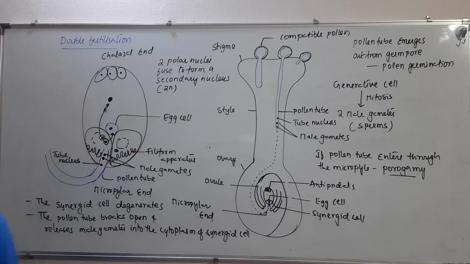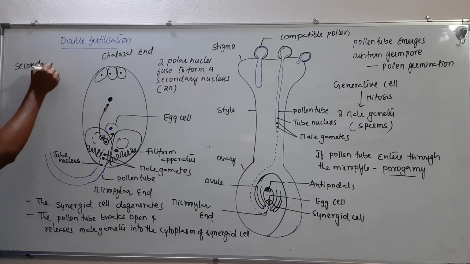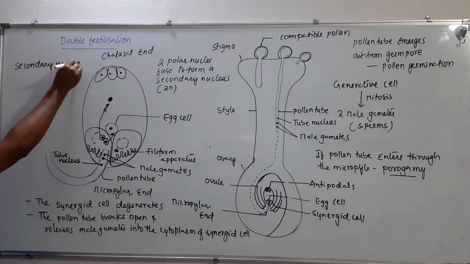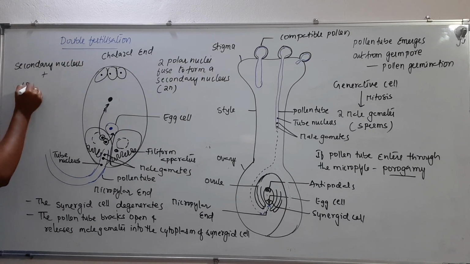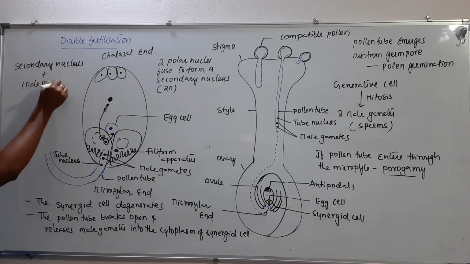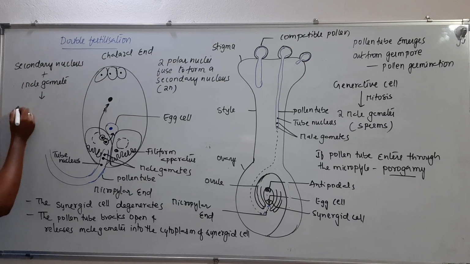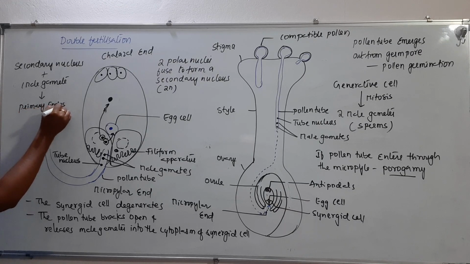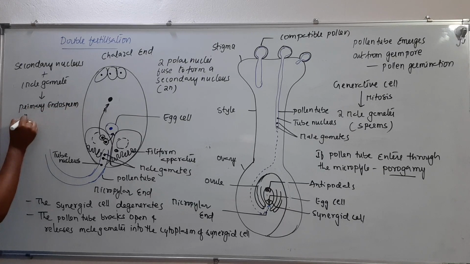That results in triple fusion. The secondary nucleus plus one male gamete results in the formation of the primary endosperm nucleus, called PEN.